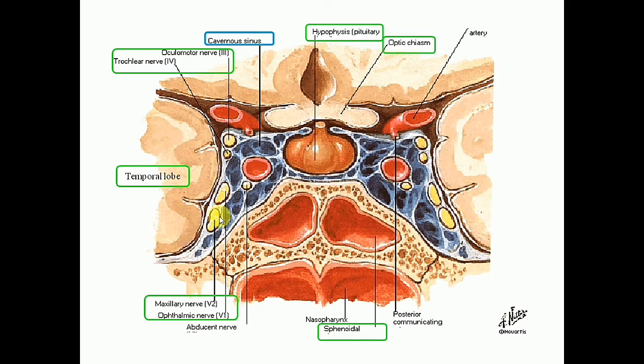So these 4 structures are present within the lateral wall of the sinus from above downwards, and the structure passing through the medial aspect of cavernous sinus will be internal carotid artery, and inferolateral to it will be the abducent nerve. So these are the important relations of the cavernous sinus.